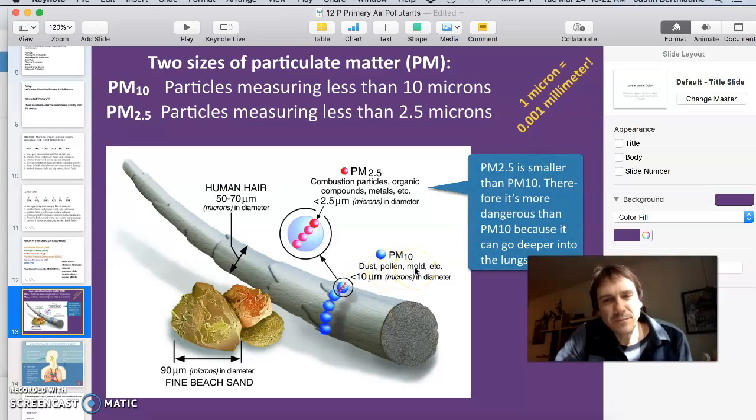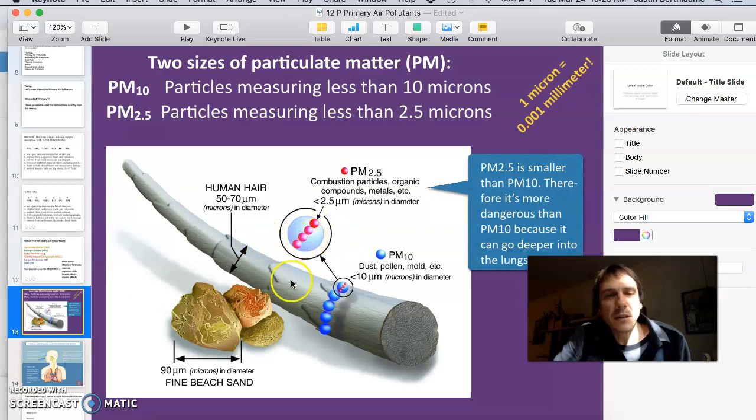But the really tough stuff, the stuff that's even more dangerous because it gets deeper into the lungs, is particulate matter 2.5. And this is important because it goes deeper into the lungs and can cause more damage. Okay, and these are from burning things, so particles from combustion or organic compounds or metals.